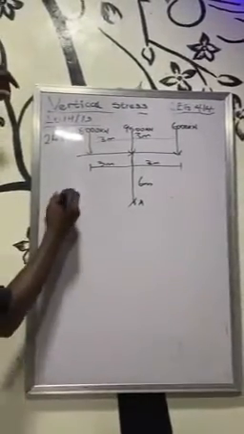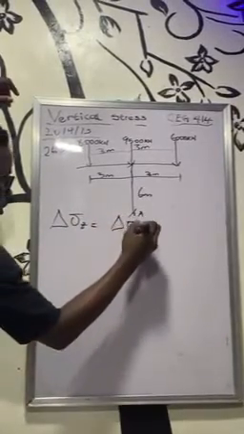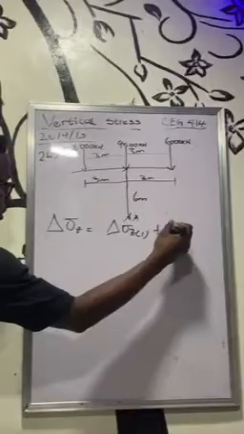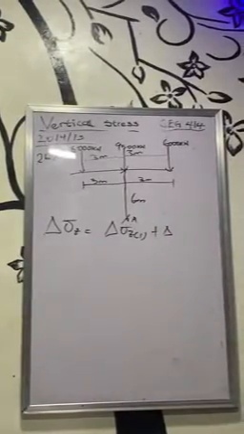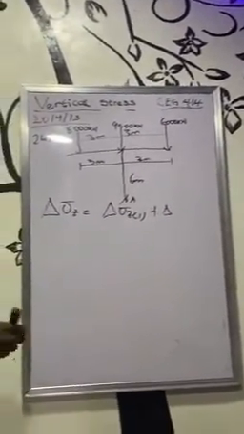Our total vertical stress again will be the summation of the vertical stress of this 8,000 kilonewton, plus the vertical stress of the 9,500 kilonewton, plus the vertical stress of the 6,000 kilonewton.